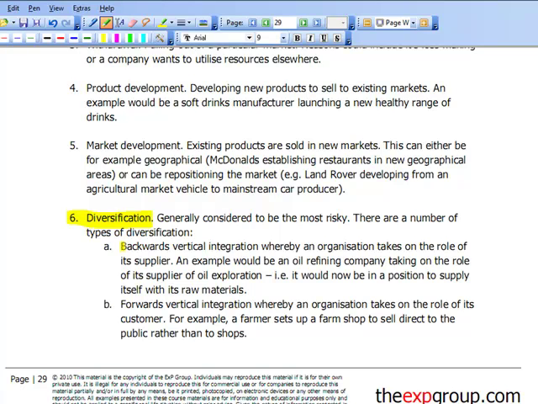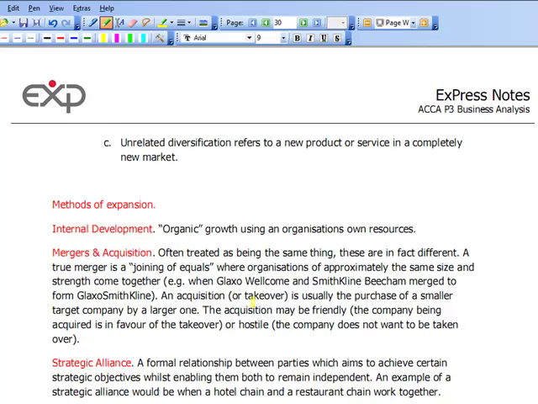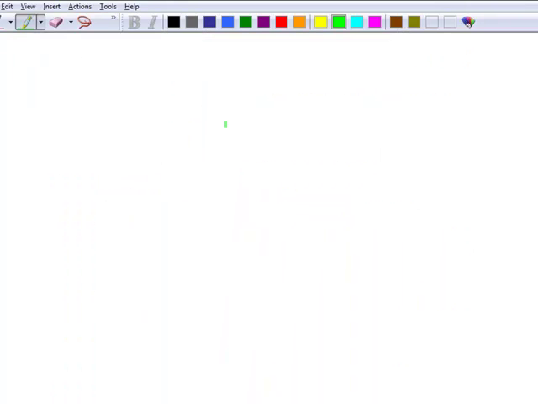So we have backwards vertical integration and forwards vertical integration. And then on the top of page 30, we have unrelated diversification. What I'm going to do, just to talk you briefly through this, is give you a couple of examples on related diversification.